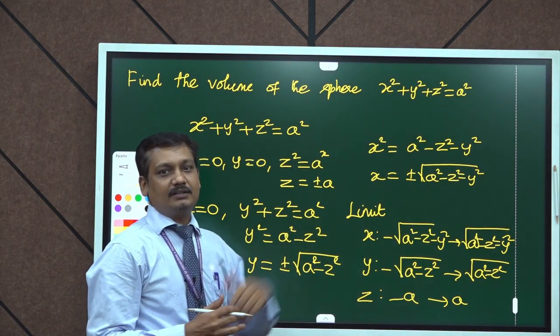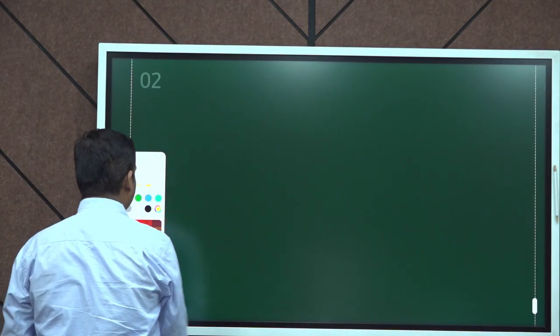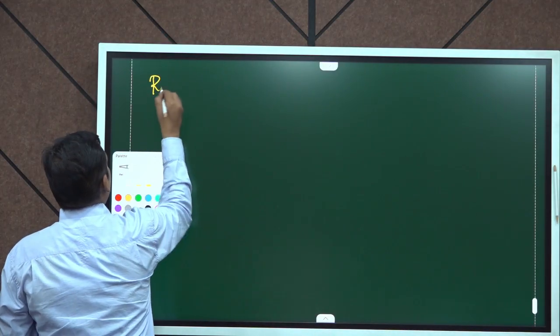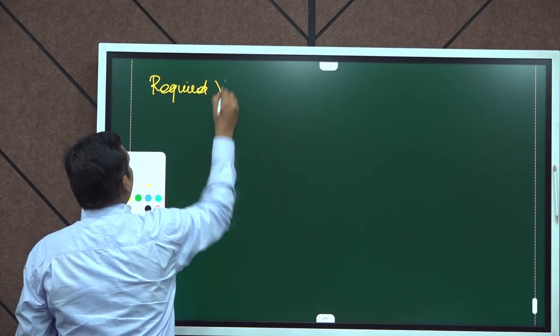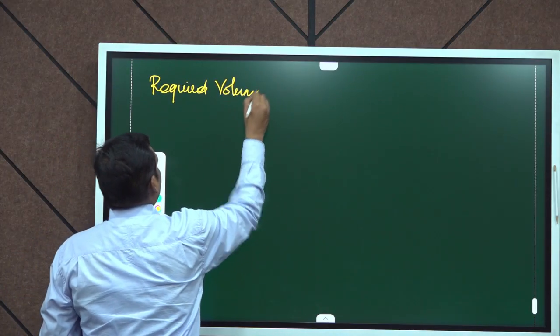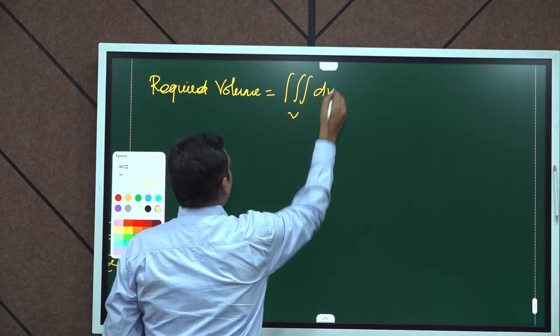Next, the second part of the problem is to find the required volume. So the required volume is equal to the triple integral over V of dV.